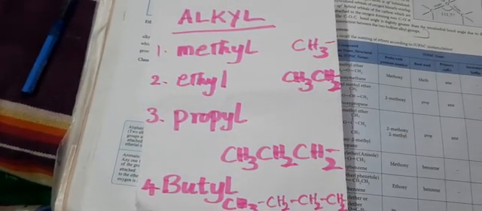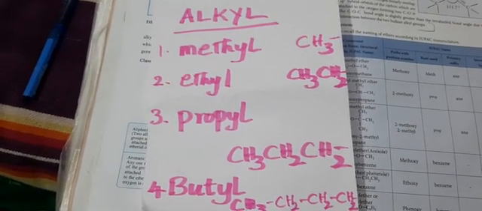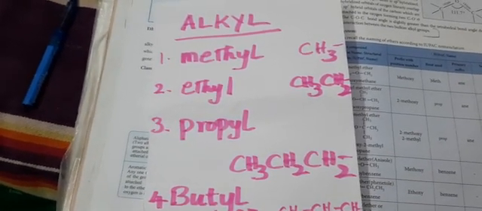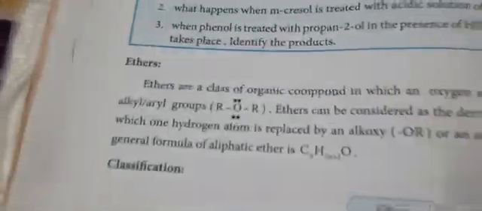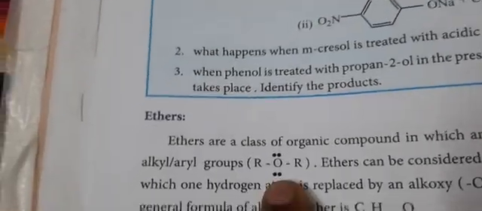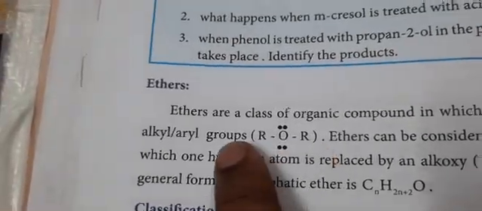Already you have studied methyl, ethyl, propyl, butyl, pentyl, hexyl, heptyl, octyl, nonyl, decyl. All these groups are collectively known as alkyl. So, ether means oxygen is linked with two alkyl groups.